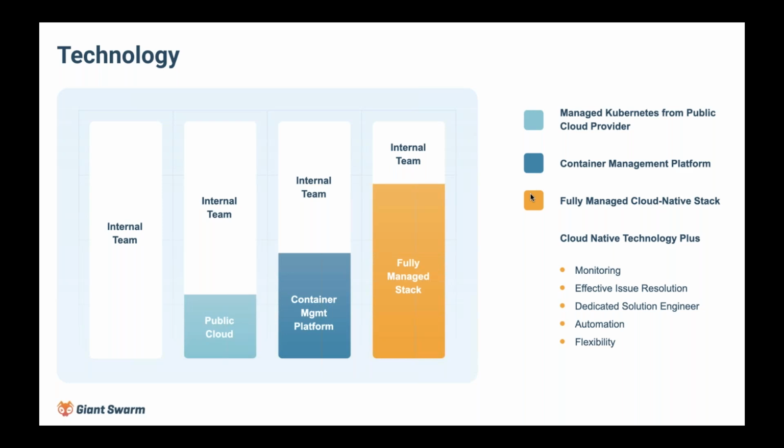And then the most important aspect is that these are called managed, interestingly enough, because what they provide is upgrades and a support line, but you still need to manage it yourself. That's why both of these columns have a quite significant internal team aspect to them.